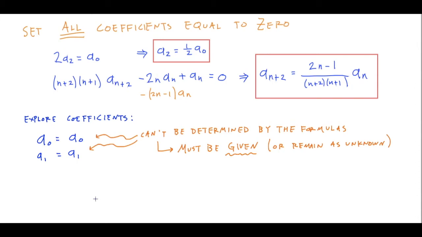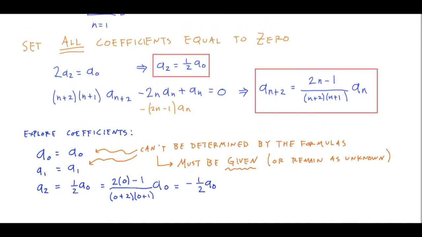So how about a sub 2? Well, we're already told by this boxed relationship here that a sub 2 should be equal to 1/2 a sub 0. But I should also be able to determine a sub 2 based on this boxed relationship. Notice that in order to get the a sub 2 term, I would need n in this formula to be 0. And simplifying that, I noticed that I must have made a typo somewhere. So let's scroll back up real quick.